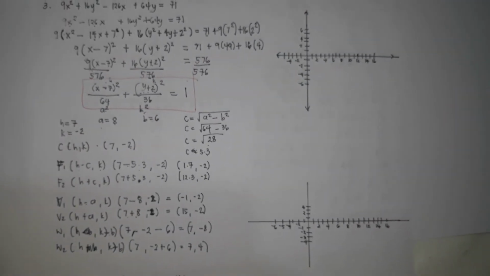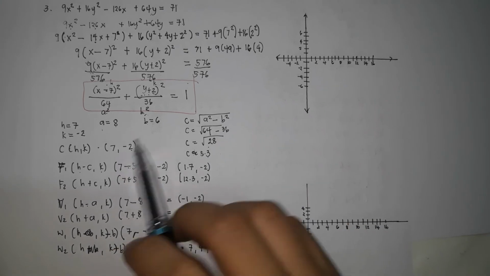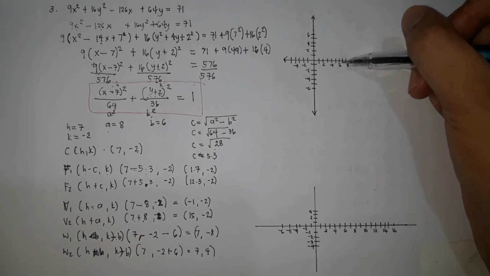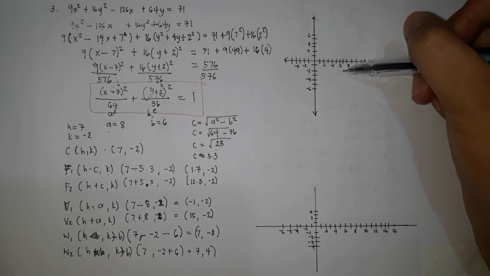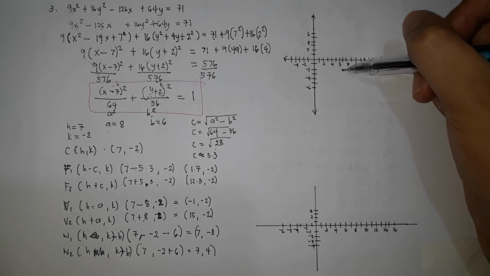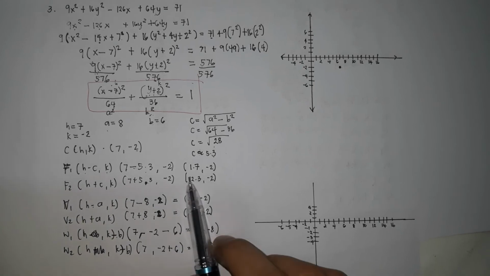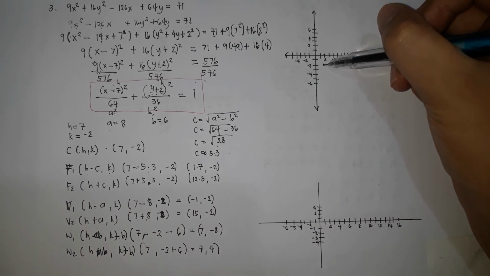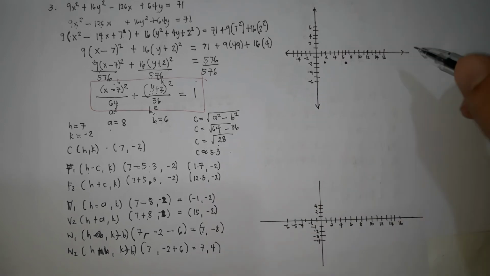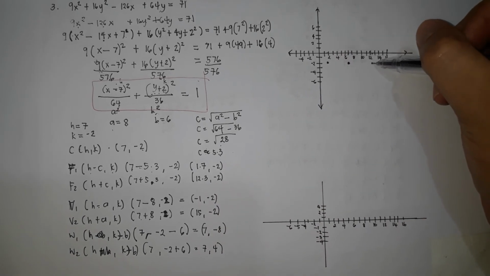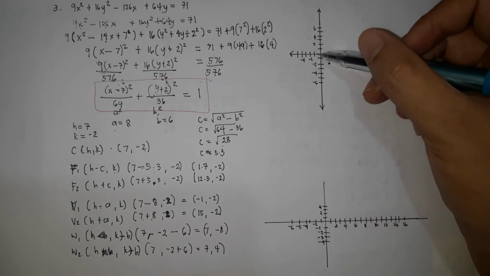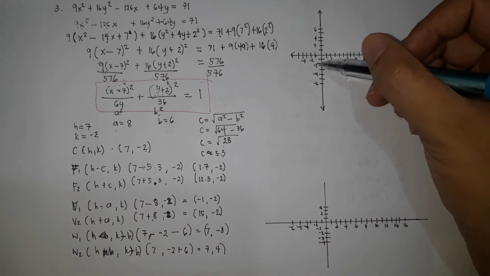The center is 7, negative 2. Focus 1 is 1.7, negative 2. Focus 2 is 12.3, negative 2. Vertex 1 is negative 1, negative 2.